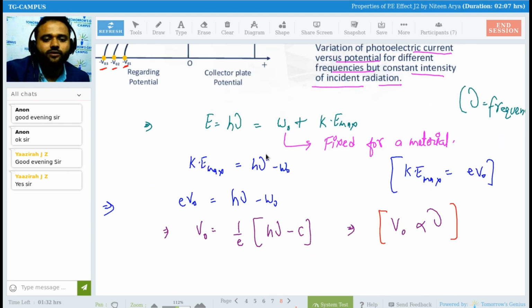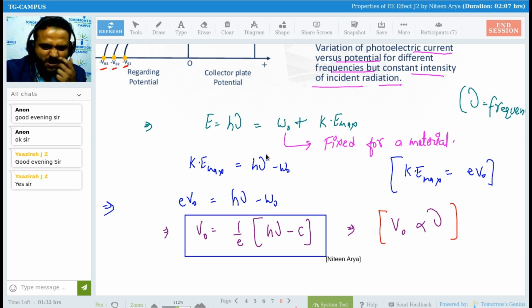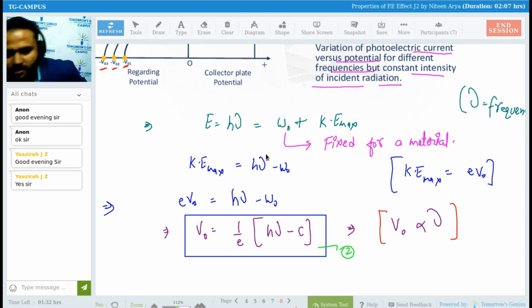You can write this equation also, first, second, third, whatever number you want to put. This is the relation between stopping potential and frequency. And for C here, you can either put C or put W₀ even, which is the work function.